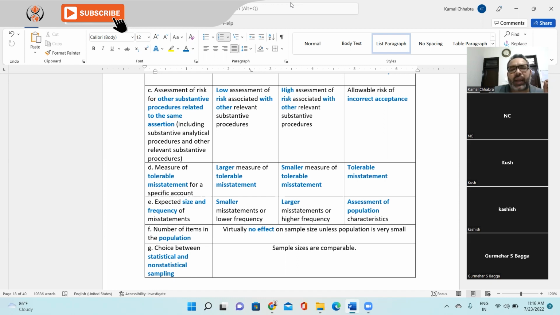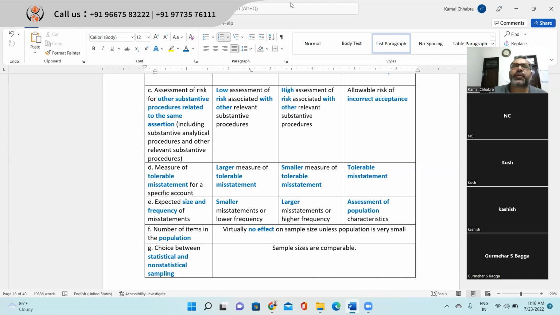For example, account receivable. For account receivable, the balance is 100% reconciled from sub-ledger to general ledger and to the balance sheet, right? In addition to that, when you have done the sales testing and collection testing, you have not found any mistake.